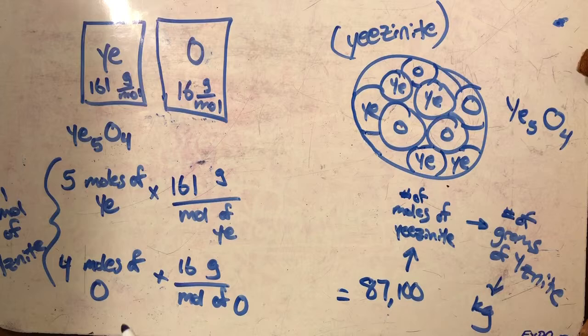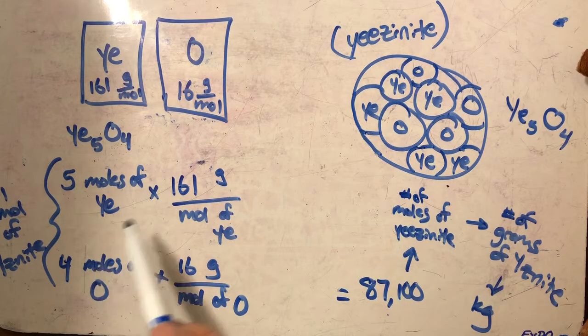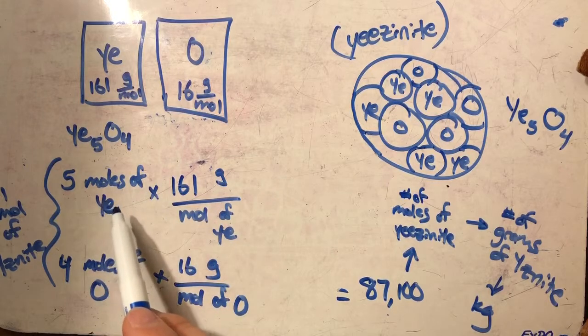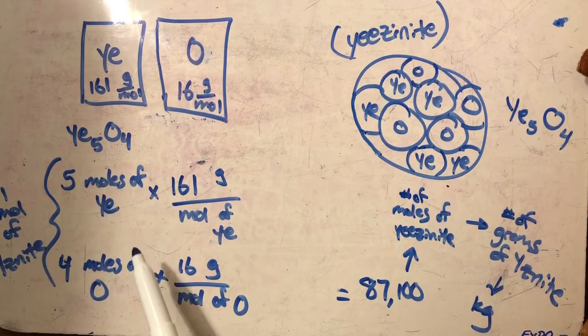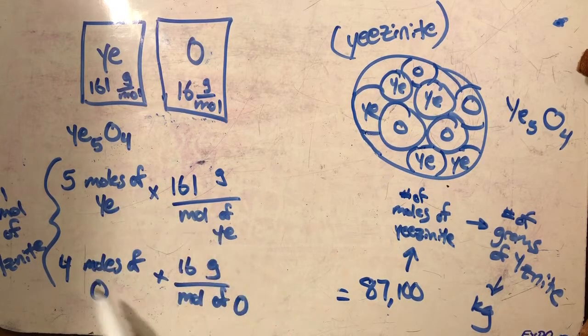So what I'm trying to do here is to figure out how many grams of Yeezium are going to be in 1 mole of Yeezinite and how many grams of oxygen are going to be in 1 mole of Yeezinite. And this is one way to do it here, okay?